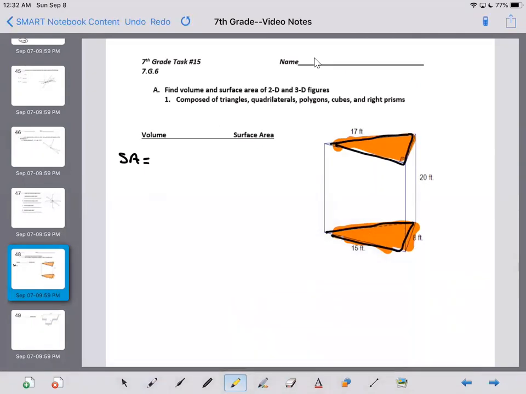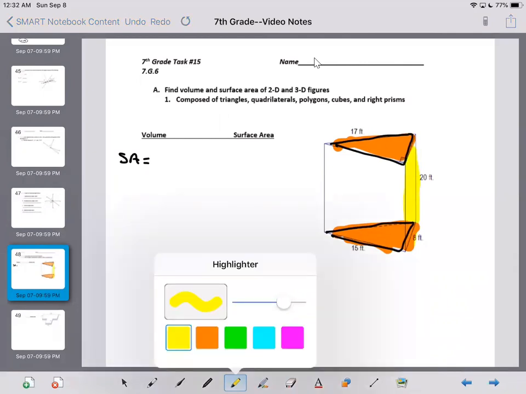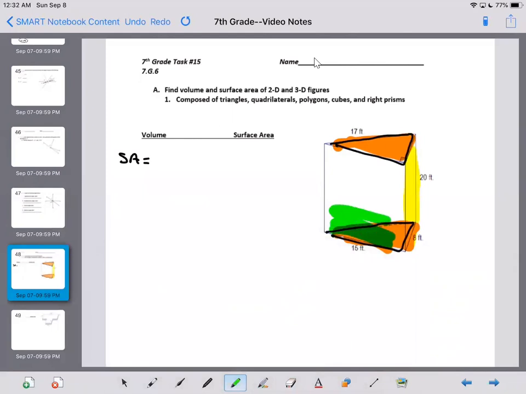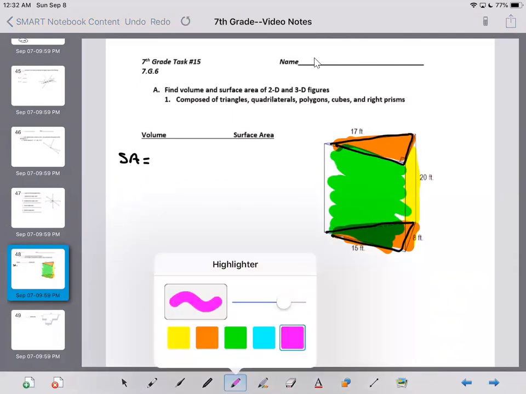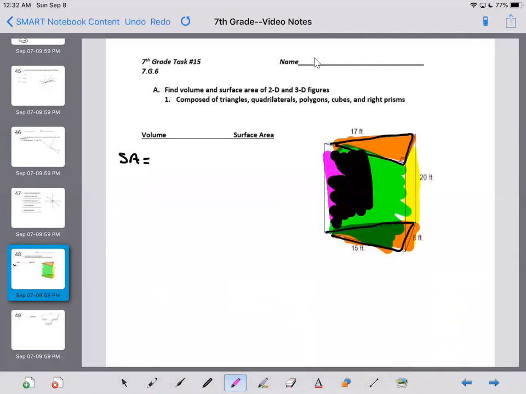And then we know that we need to find this side. And then we know we need to find the front side. But then there's also a back side as well. Okay, so that triangular prism is going to have 5 sides to it.